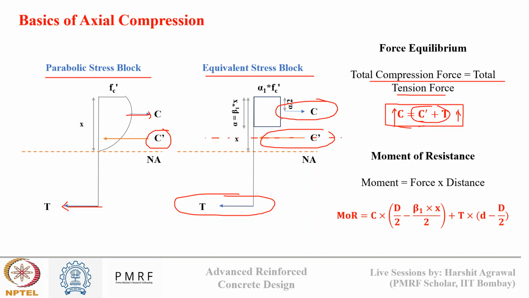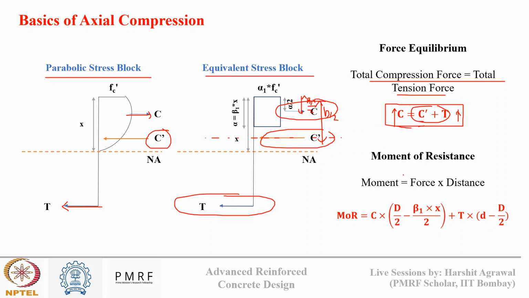Okay, they will make a coupling action because they are acting in the opposite direction and they are along the different sides of this neutral axis, this C dash axis. Okay, so for compression force, the distance between C dash and C, we can write as beta 1 x by 2. And the total distance is D by 2.